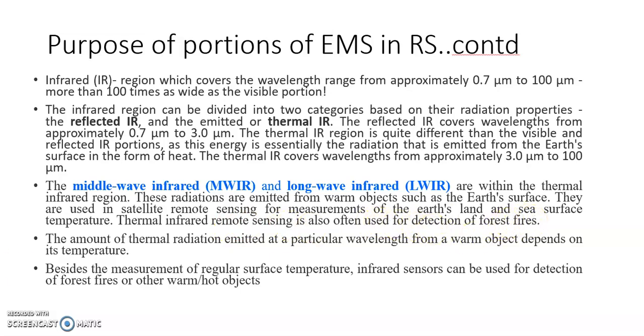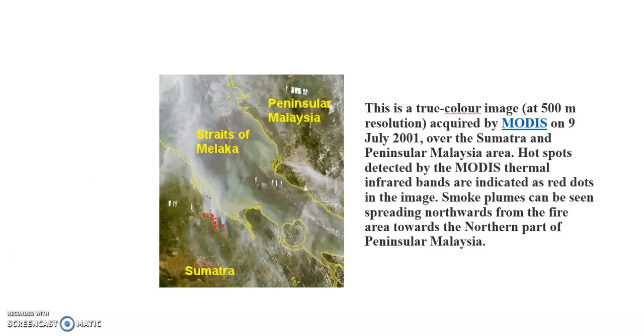Okay, so I'll just show you one image. Now, over here you can see that the infrared portion of the EMS has been used to capture this particular image. Now, can you see these red dots over here?